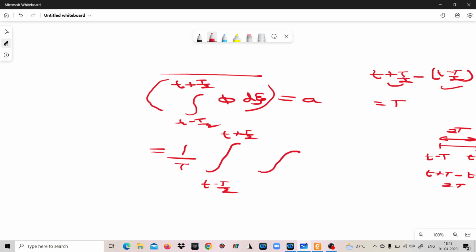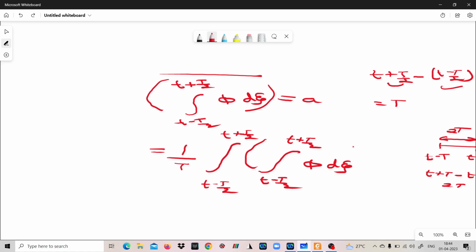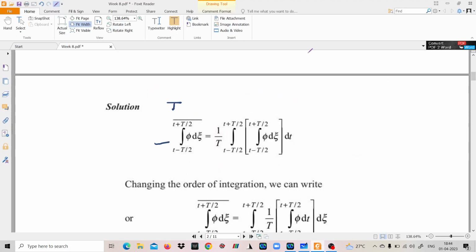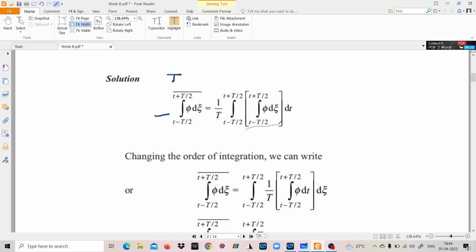So it will be integration from t minus T by 2 to t plus T by 2 of phi d xi. So this is our quantity multiplied with a dt. Okay, this is what is written here. So this is our actual quantity, and the remaining part is coming from the definition of the time average component. So this is our a, basically from here to here.